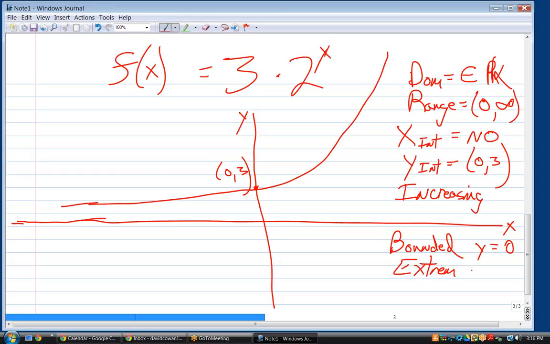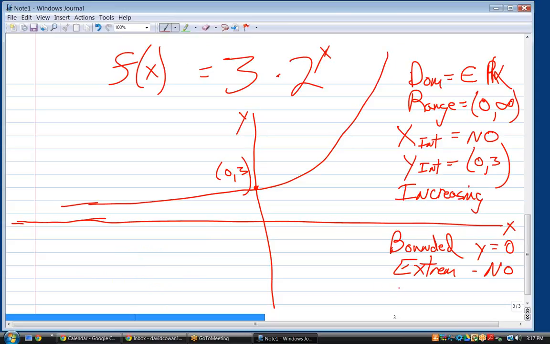No, there aren't. In other words, an extremum has to be something like that. That's a local extremum, that's a local extremum. Well, in this case, there is no point on this curve where the surrounding points are both higher or both lower. And that's what extrema means.